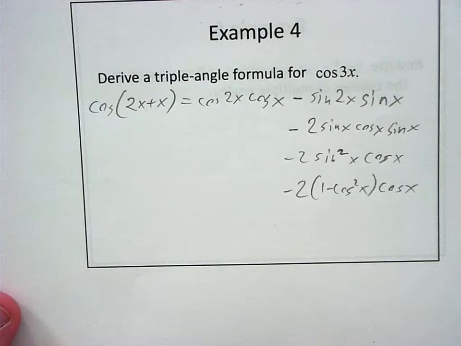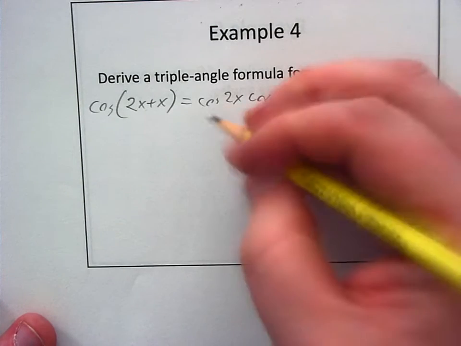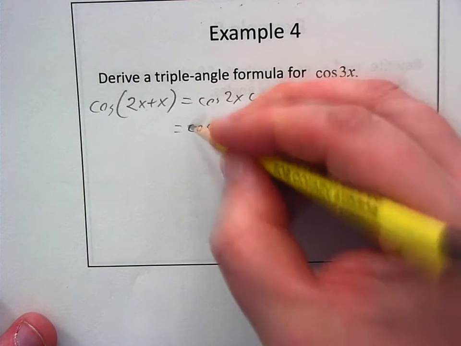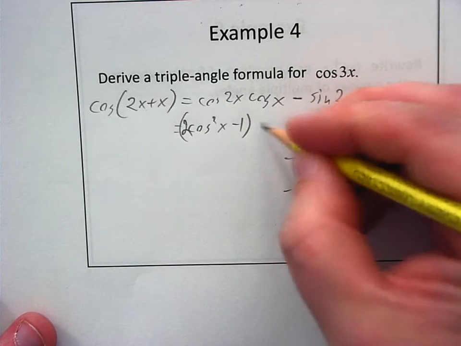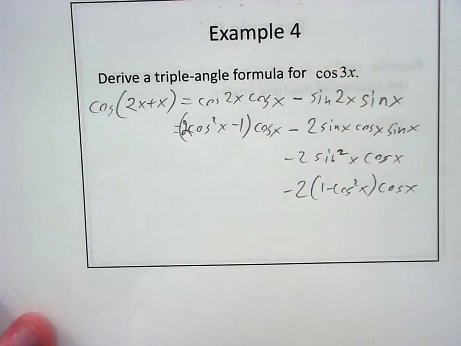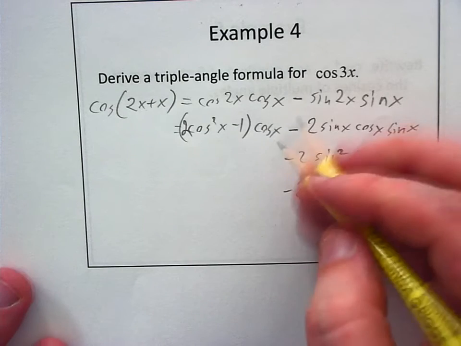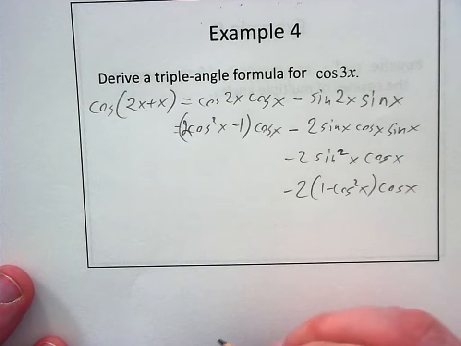Okay. The left side, though, I can just directly replace cosine 2x with something that only has cosine in it. I can just replace this with 2 cosine squared x minus 1 times cosine of x. So we got a lot of the same pieces floating around, so hopefully stuff will start canceling off. So I'm going to distribute the cosine of x here.